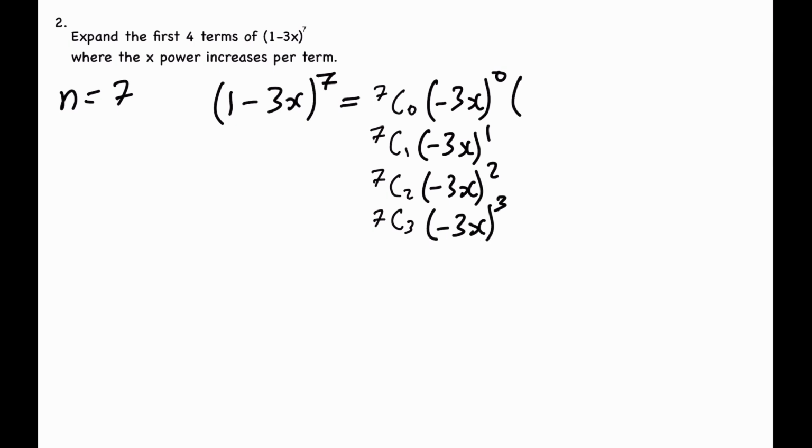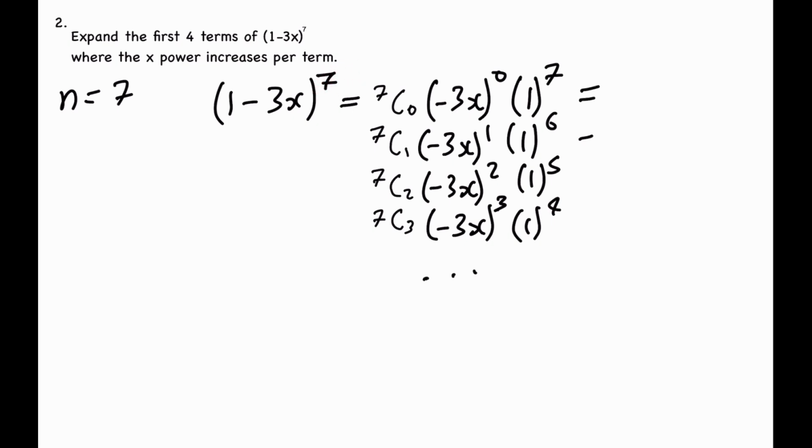And then we will have to multiply this by decreasing powers of 1, so 1 to the power of 7, 1 to the power of 6, 1 to the power of 5, and 1 to the power of 4. Because if we were to carry on the expression, we would go all the way to minus 3x to the power of 7, or 1 to the power of 0, because n is 7, so it's the maximum power we can go to.